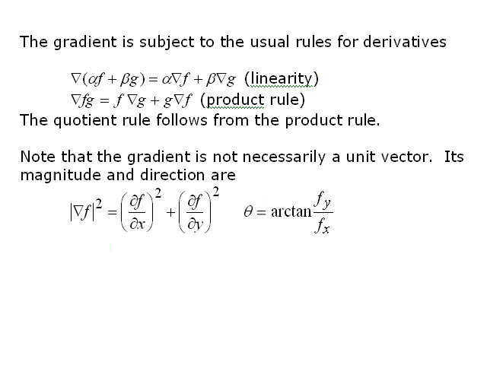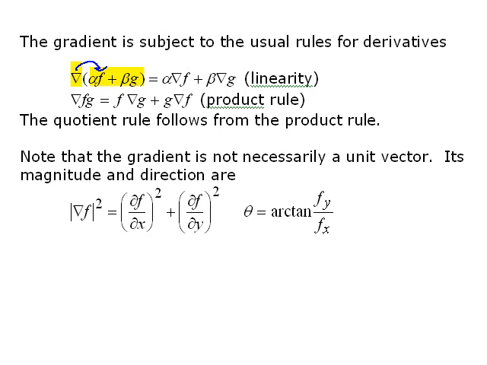The gradient has the usual rules for derivatives. You can pretend this is a derivative. So if you take the gradient of alpha f plus beta g, you can just pull that gradient through. Get alpha gradient of f plus beta grad g. Of course, that's a linearity rule.